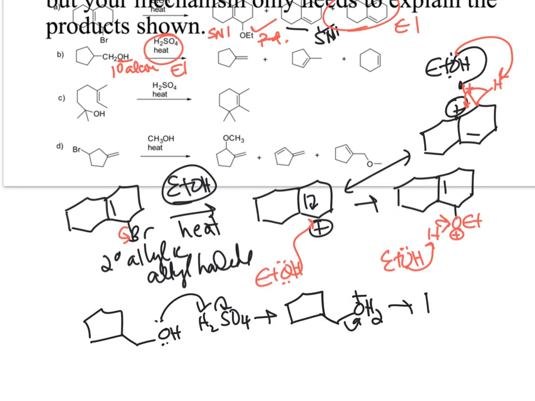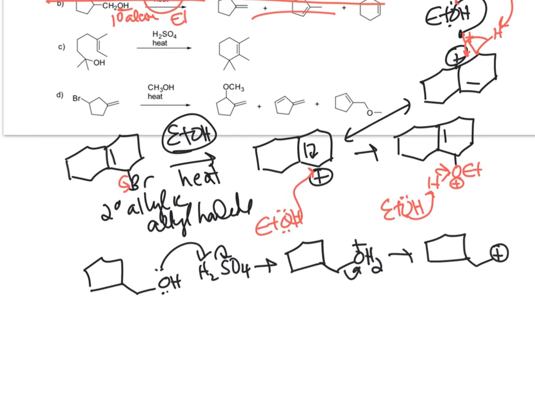And when it leaves, you have a primary carbocation. Actually, just go ahead and not do that one. That one's more challenging, and I'm not going to worry about that. That's ring expansion. We'll just pass that one up.